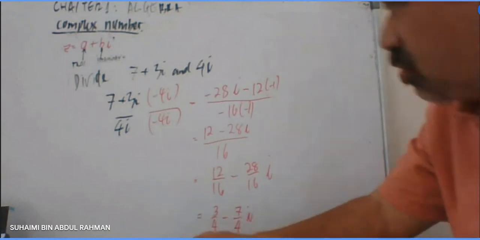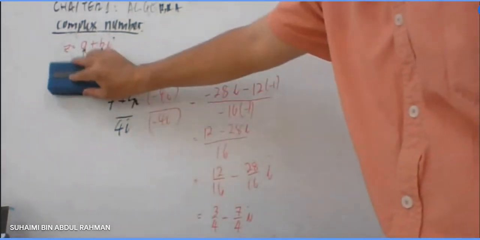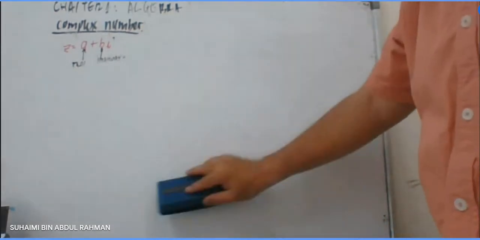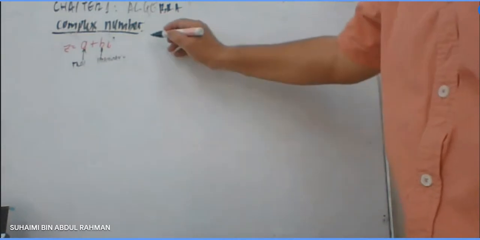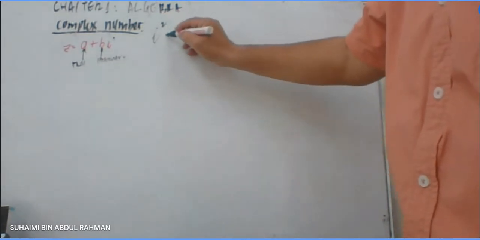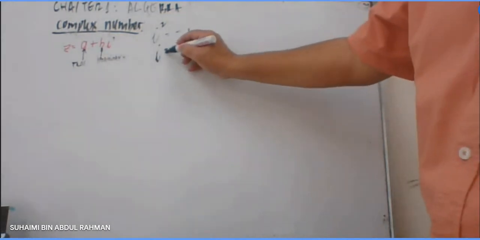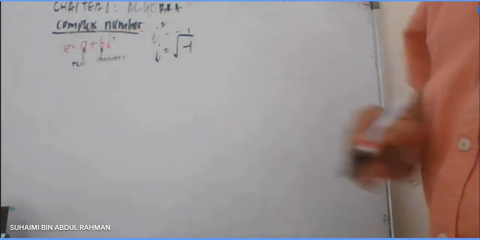Okay. So remember that i square is equal to -1. So i only is the square root of -1.